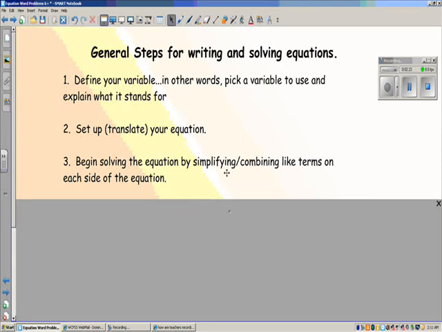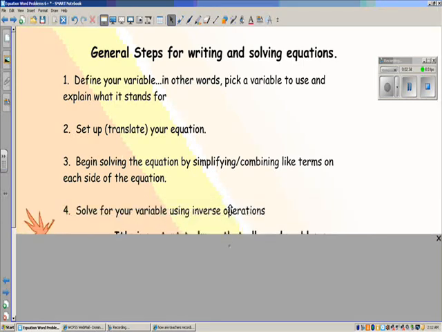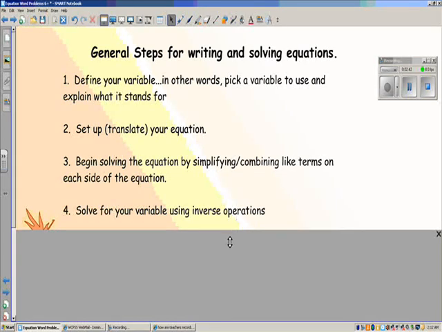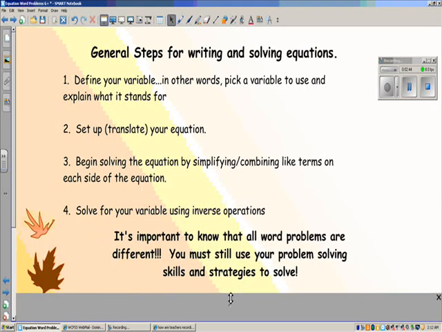So you're still going to be using that same concept where you're simplifying both sides of the equation before you start moving things around and solving for your variable. Number four, you're going to solve for your variable using inverse operations. It's important to know that all word problems are different. You still have to use your problem solving skills and strategies that you've been using forever to solve these.